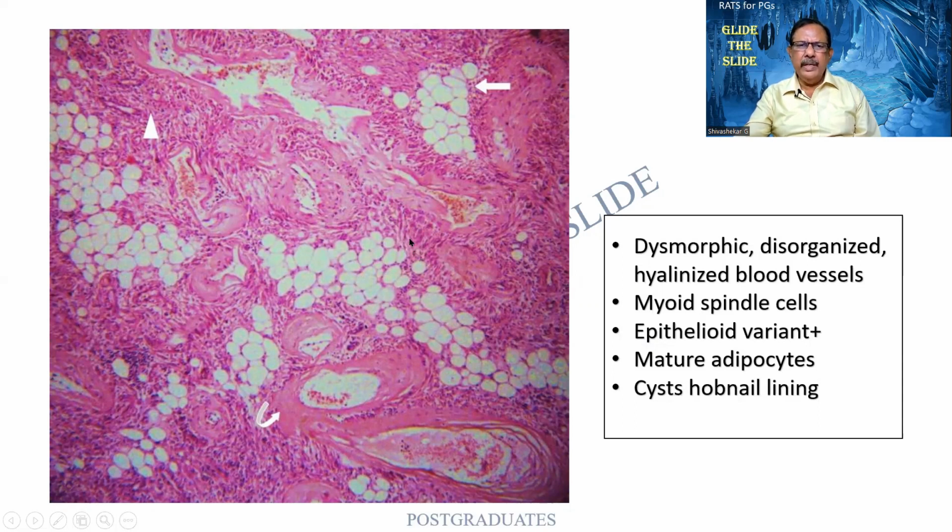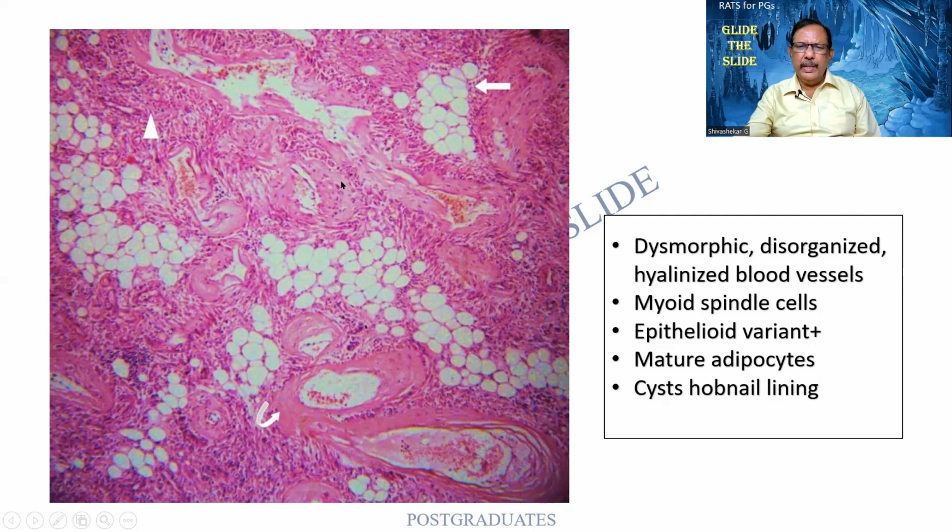As I had been mentioning earlier, there are thickened blood vessels. There can be some amount of hyalinization, but what is more important is, as I told you, look at the irregular thickening of the walls, which is one of the striking features. So it is dysmorphic, disorganized.